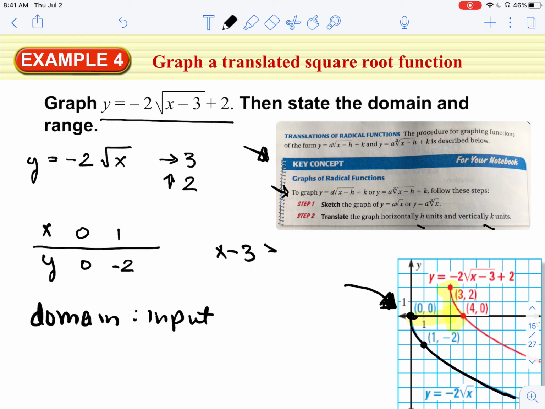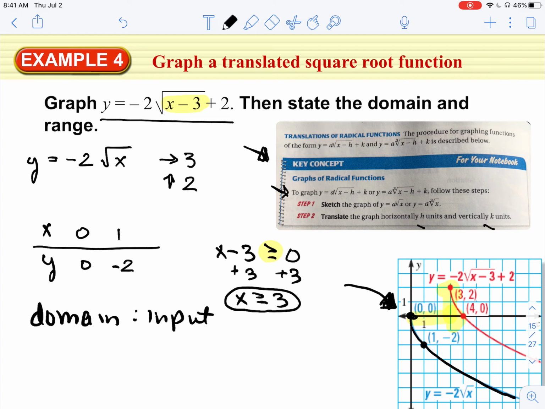That has to be greater than or equal to 0. So if I add 3 to both sides, x has to be greater than or equal to 3. Okay, so that's my input. And it's really important that it has to be positive underneath the radical. So I need this to be greater than or equal to 0.